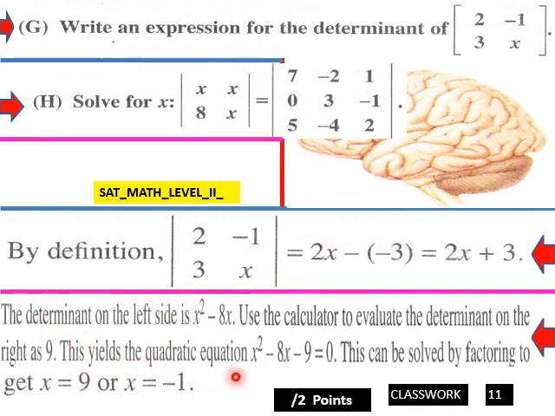This yields the quadratic equation x squared minus 8x minus 9 equals 0. This can be solved by factoring to get x equals 9 or x equals -1 for this quadratic here. And -1 is extraneous, so it'd have to be x equals 9.